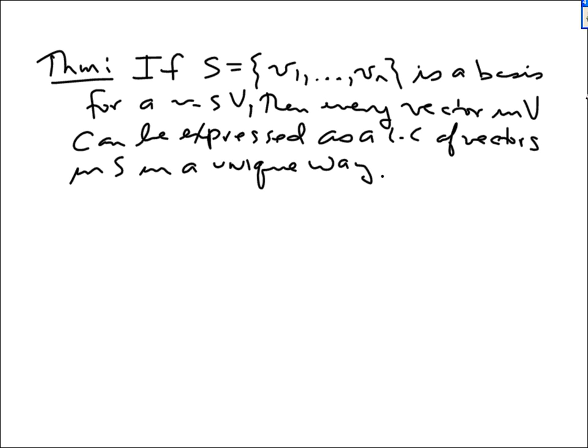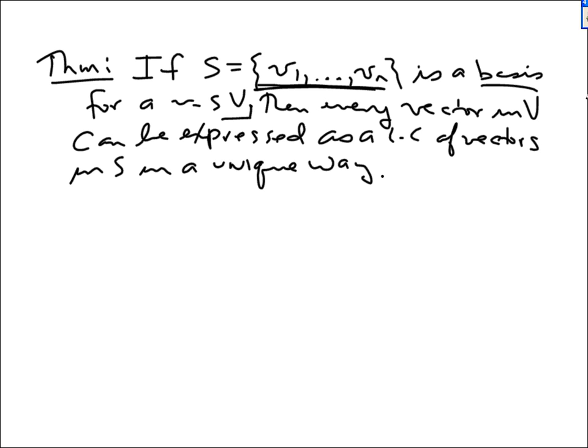And we know that if S is our basis for V, then S spans V. That is, any vector in V can be written as a linear combination of these vectors in S. But we're going a little bit further.